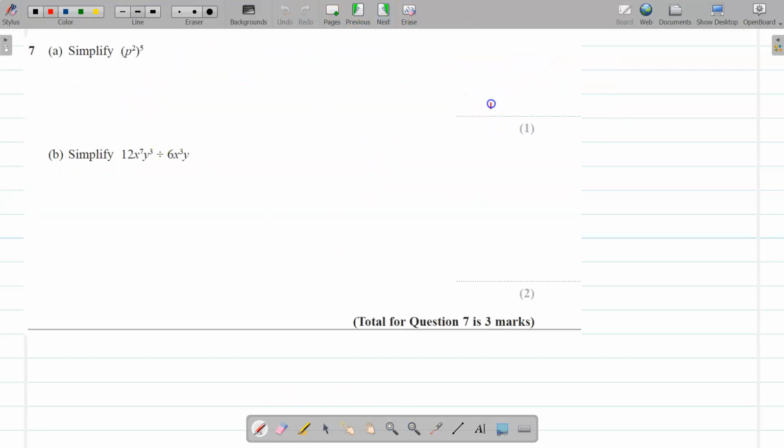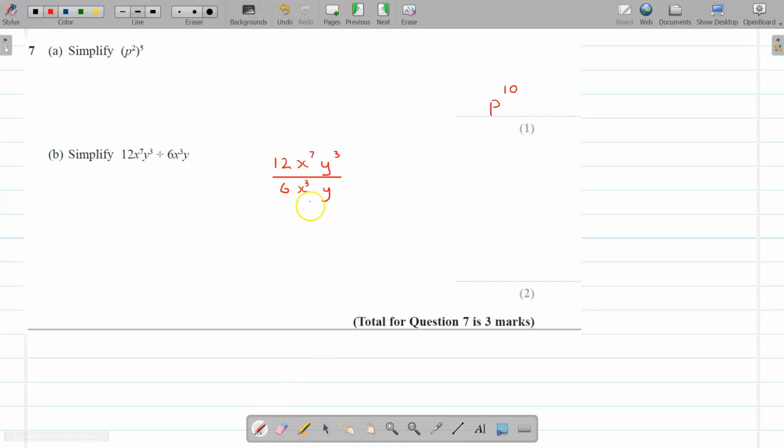Simplify that, p to the power of 10. You multiply those two powers together. This one is best written like this: 12x to the 7, y cubed, over 6x cubed y, and then we just subtract powers when we divide.